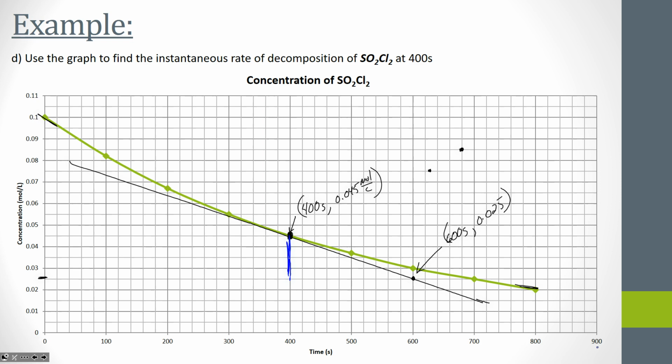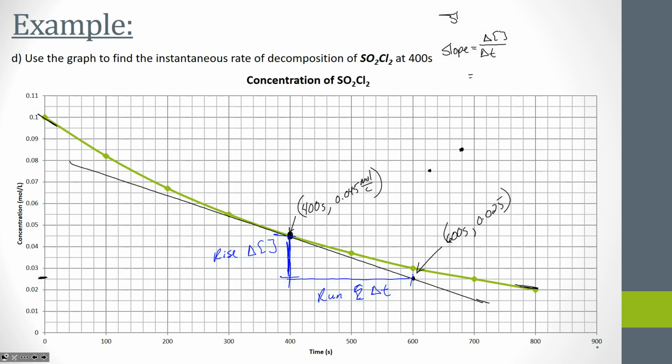So now I'm going to find the rise and the run. Here's my rise, and here's my run. Remember, your rise is just your change in concentration, and your run is your change in time. So slope is going to be the change in concentration over the change in time.